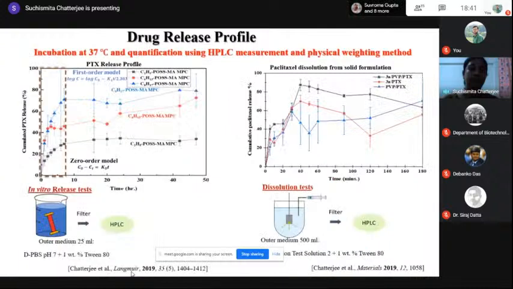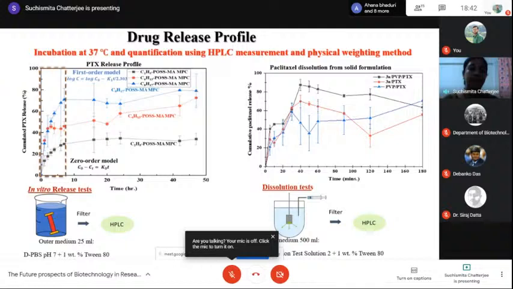Also for the drug release profile, after encapsulation of the drug, we always think about how the drug release is going on in the physiological environment. This is not inside the body, but we always perform this kind of experiment in a physiological environment, and also study the drug release kinetics.